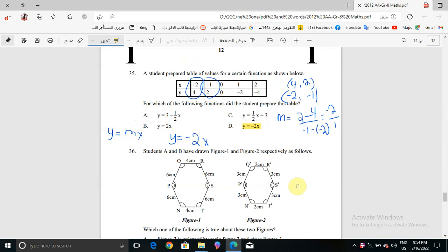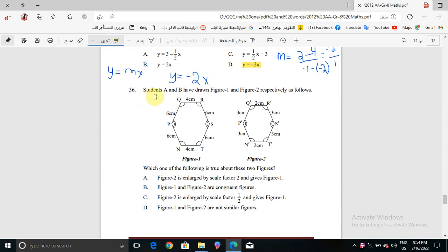Okay, now in question number 36, students A and B have drawn figure 1 and figure 2 respectively as follows here. Okay, this is figure 1 and this is figure 2. Which one of the following is true about these two figures? Figure 2 is enlarged by scale factor 2 and gives figure 1, or figure 1 and figure 2 are congruent figures, or figure 2 is enlarged by scale factor 1 over 2 and gives figure 1, or figure 1 and figure 2 are not similar figures.